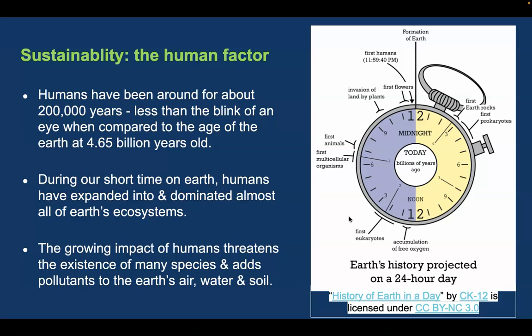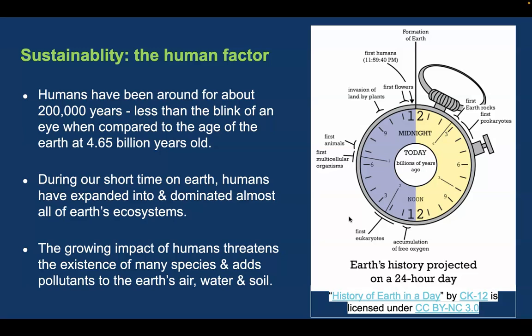So lastly, when we use this word sustainability, it is including what we call the human factor. So if we look again, the Earth is about 4.65 billion years old. And life on Earth really began, I shouldn't say just about, but 3.8 billion years ago.